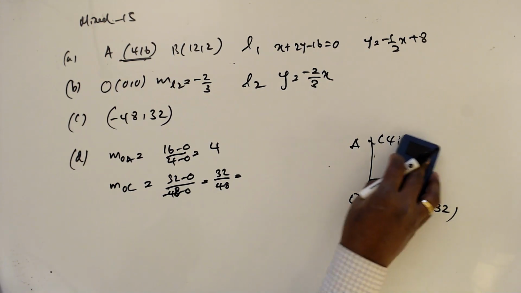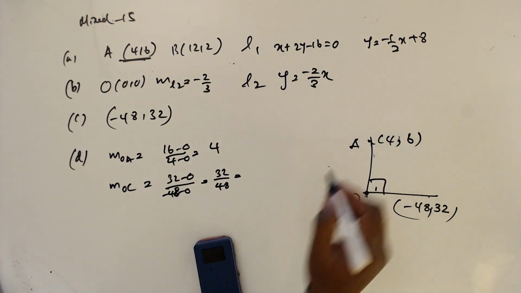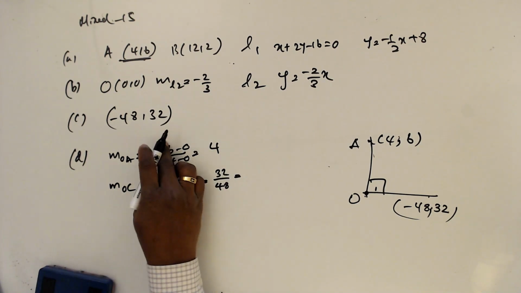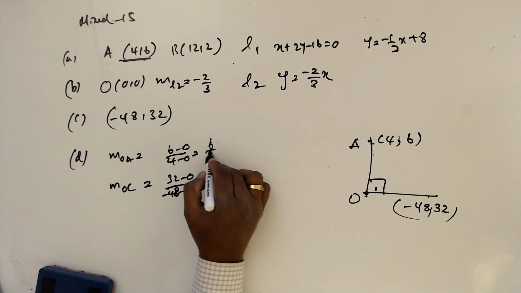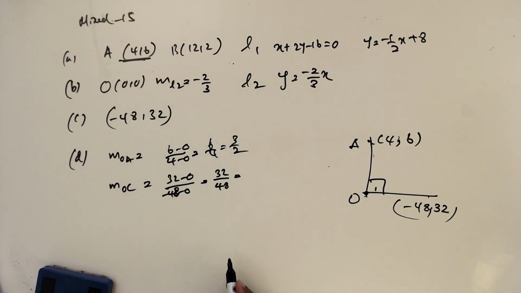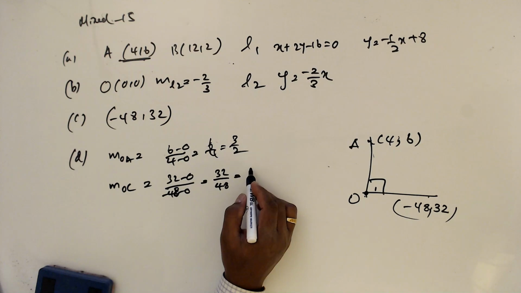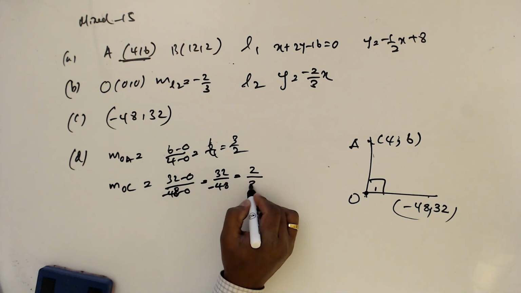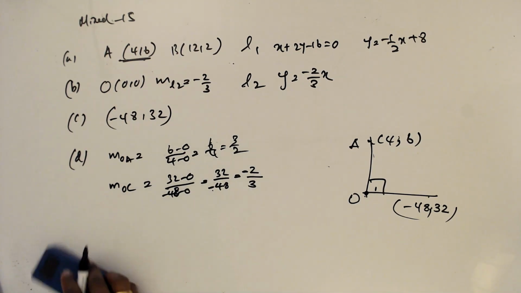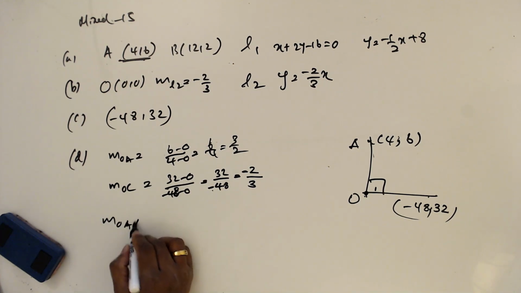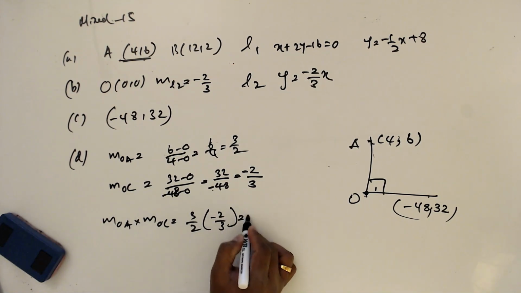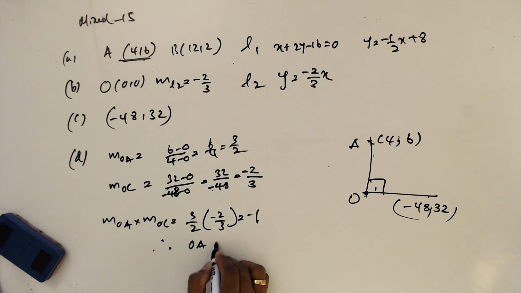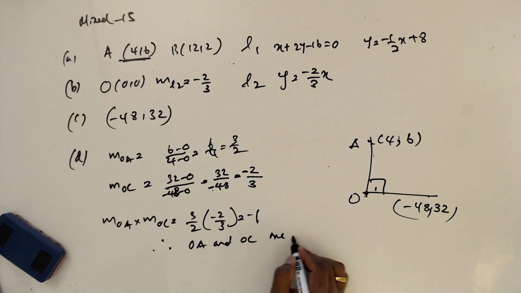It's a correction, this is 6, so this is 6 minus 0 over 4 minus 0. This is going to be 6 over 4, which is 3 over 2. Then this is going to be 16 times 2 and 16 times 3, minus. Now we'll multiply these two together and see what we get, which is minus 1. Hence OA and OC are perpendicular.